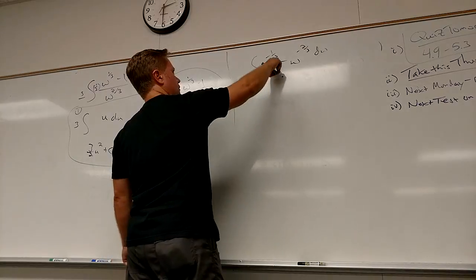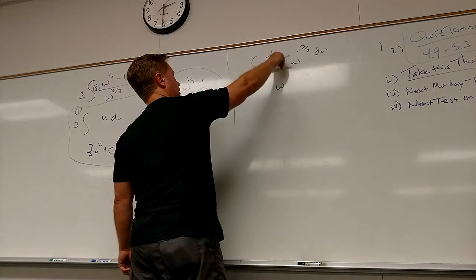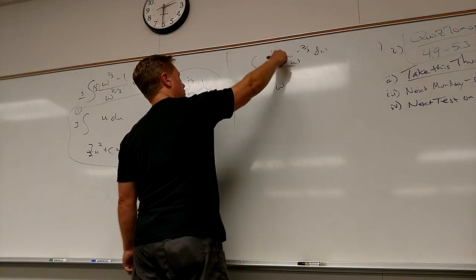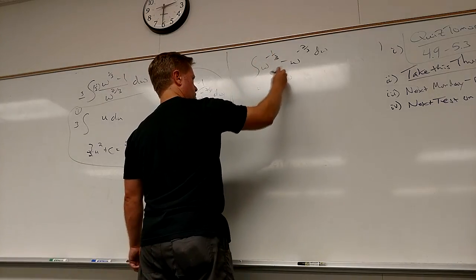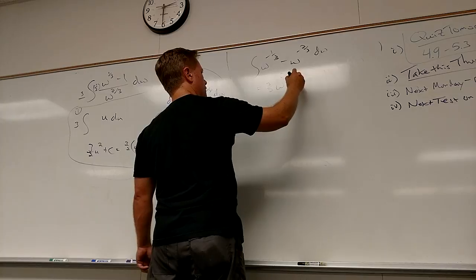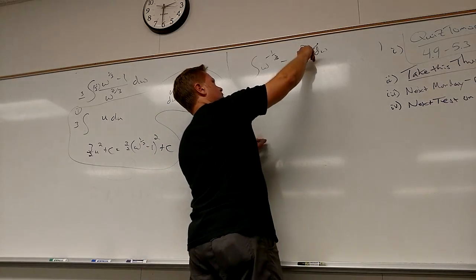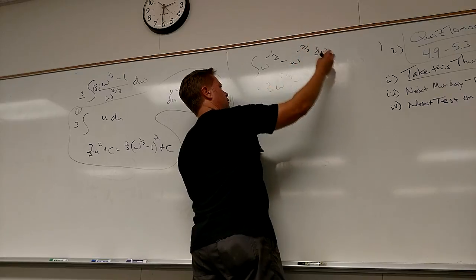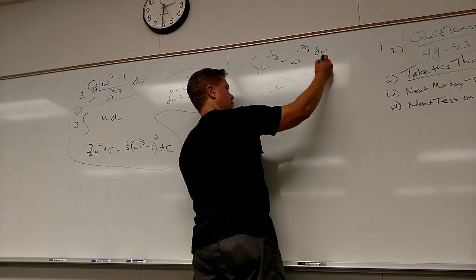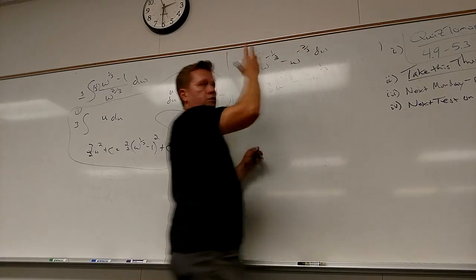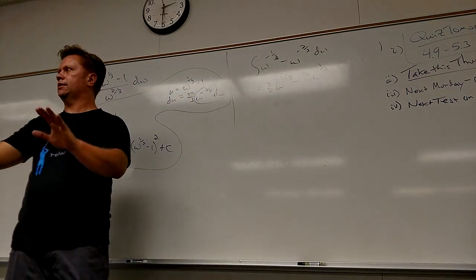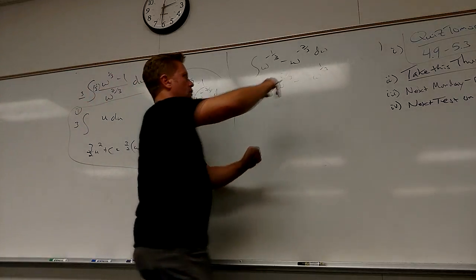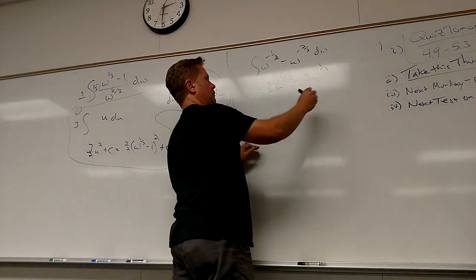So you get w to the, up by 1, so it becomes negative 1 plus 3 is 2/3, so that's 3/2 in front, minus, this goes up to w to the negative 2 plus 3, 1/3. I'm just adding 1 to the powers, right? Every power works like that except for negative 1 power, and that's got its own thing, ln, so he's fine. Multiply by the reciprocal of that.